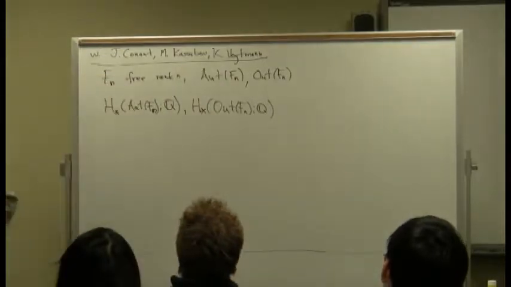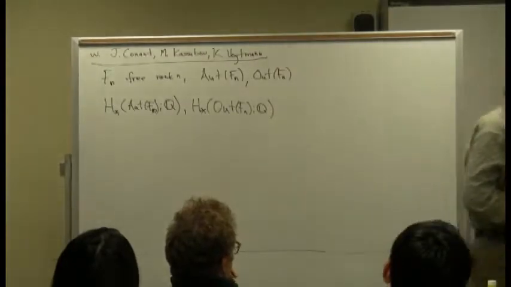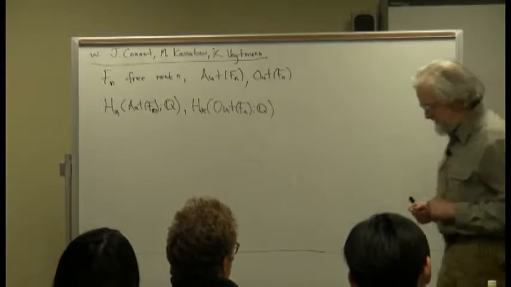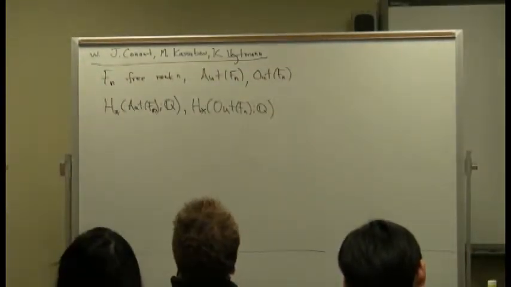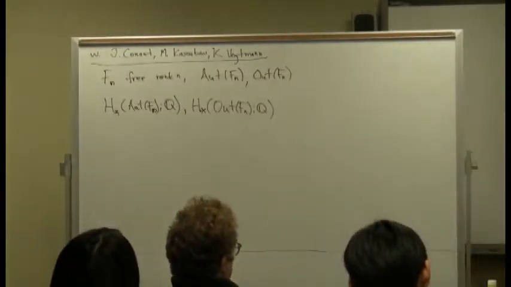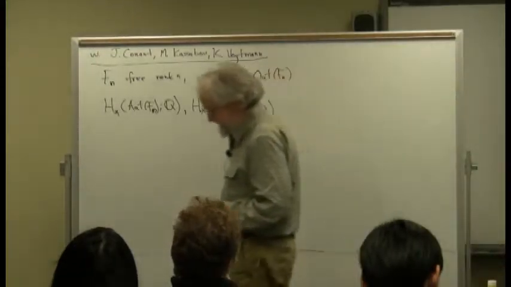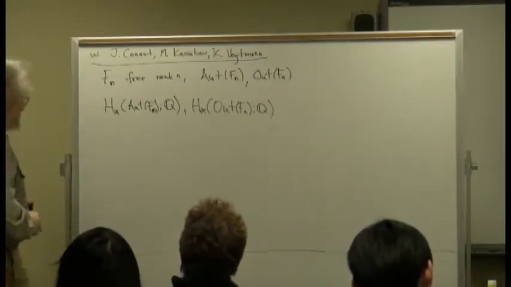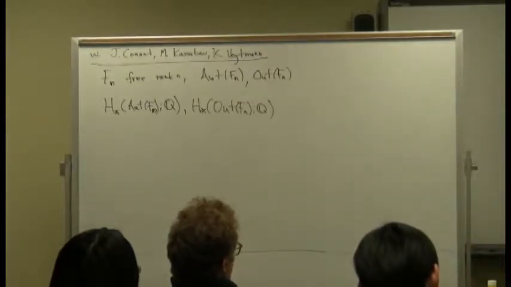So cohomology for Aut or Out would give you characteristic classes for fibrations, where the fibers, there are two possibilities. The fibers could either be actual finite graphs of rank n, or, turns out to be equivalent, fibrations where the fibers are homotopy equivalent to graphs of rank n. So that's another motivation for being interested in this cohomology.